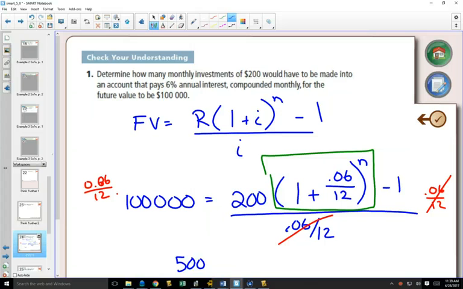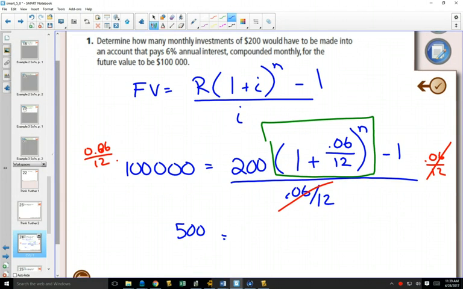So now that we have that value there, we still have 200 here, 1 plus 0.06 divided by 12 to the n here, minus 1.